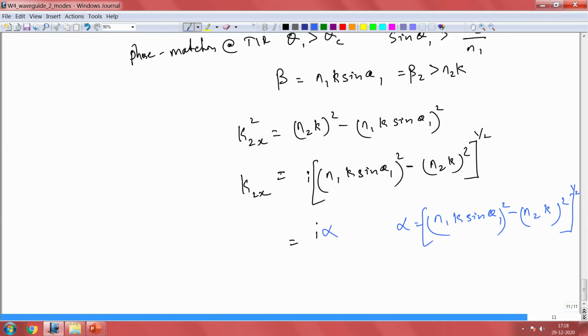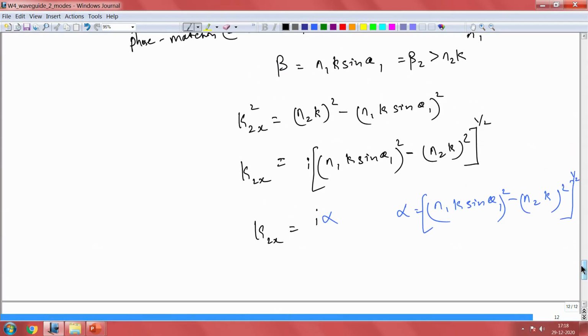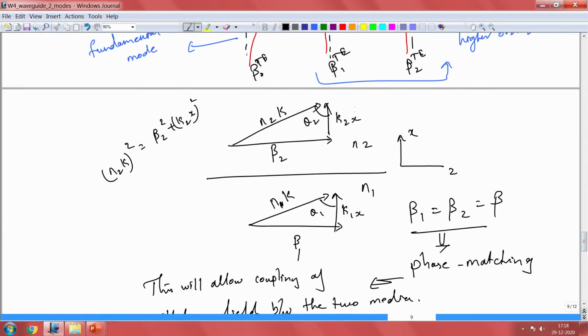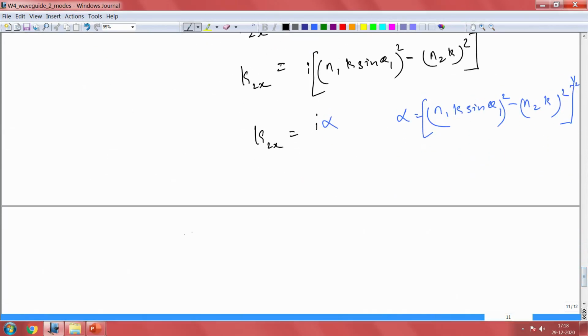So, one can represent this k2x as i alpha. Right. So, now how is the field going to look along the x axis here? You want to know how the field is going to look going beyond, and that is given by the field in the transverse direction.